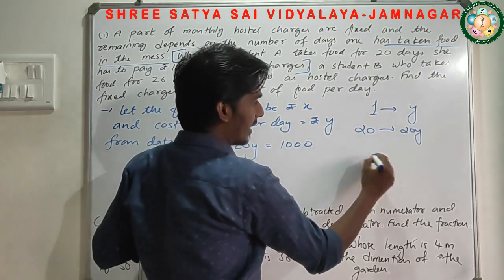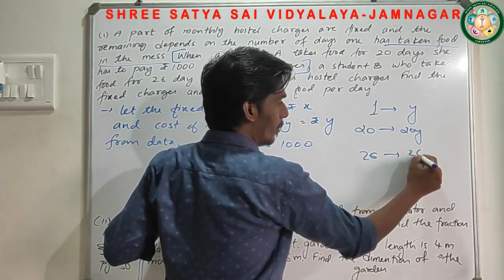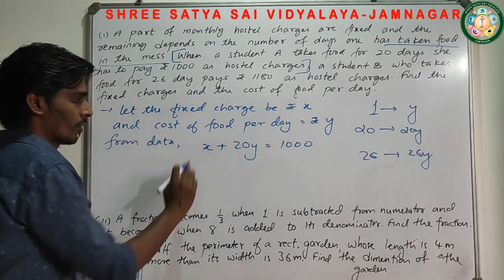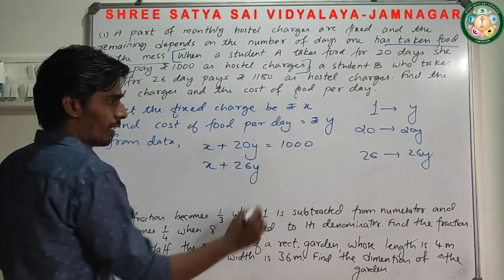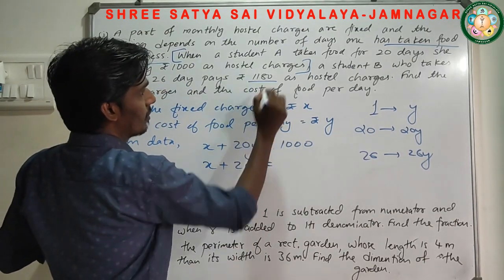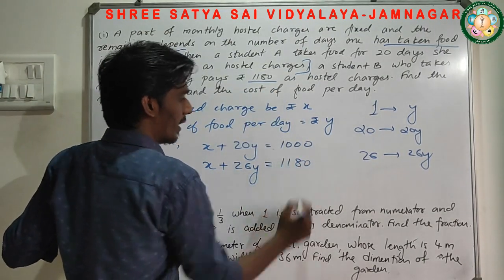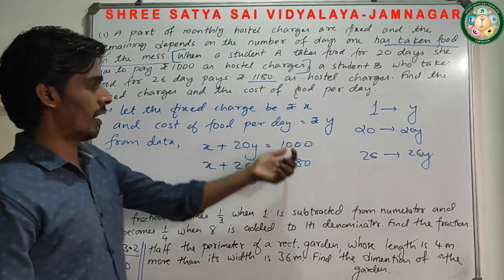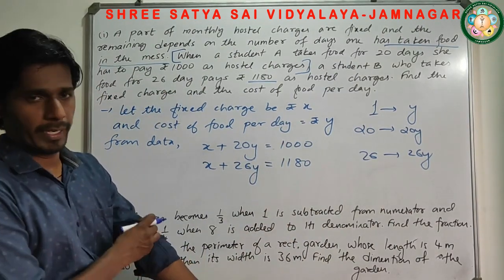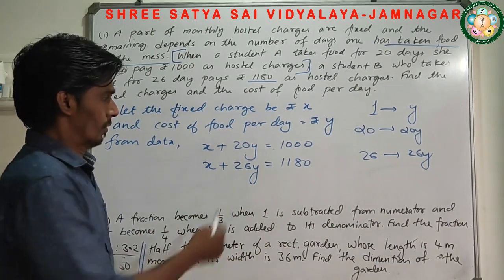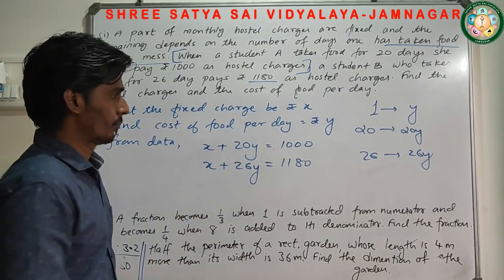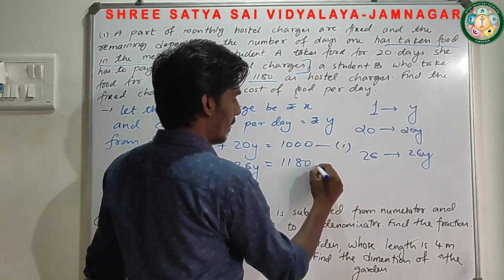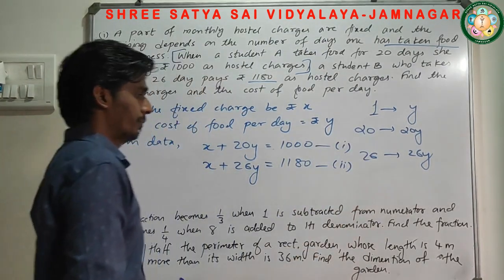So for 26 days how much will it be? Definitely 26Y. The fixed charge will remain the same. X plus 26Y equals 1180. So now you know how to eliminate or cross multiply, and we can find the values of both X and Y. So this is equation 1 and this is equation 2.